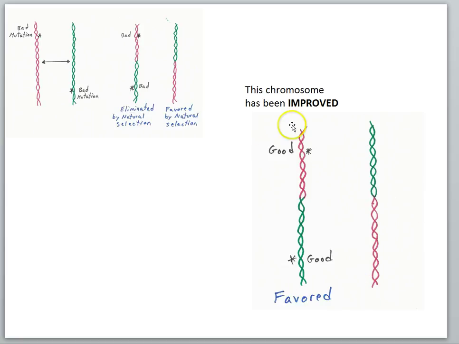So individuals that had a parent that had this chromosome in their sex cell will have an advantage over those whose parents had this chromosome in the sex cell. So what meiosis is doing is creating a situation where chromosomes can be fixed of bad mutations, and the flip side of that is chromosomes can be improved when good mutations are concentrated along one chromosome.